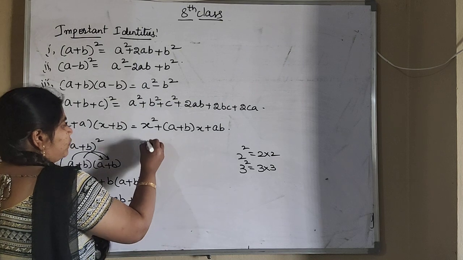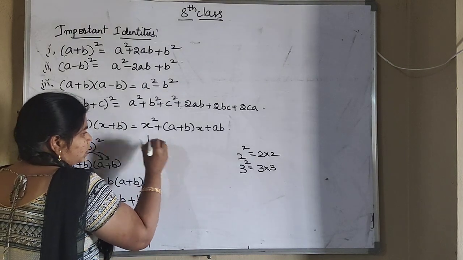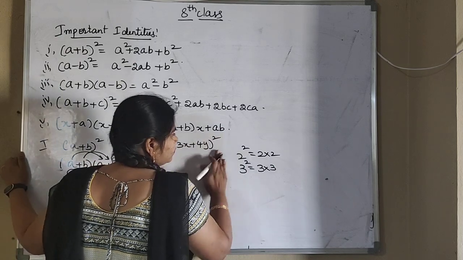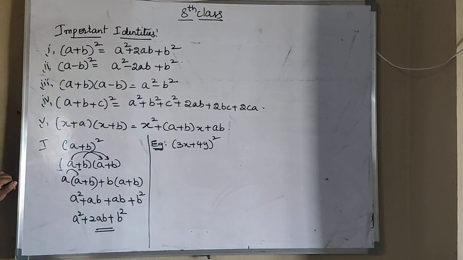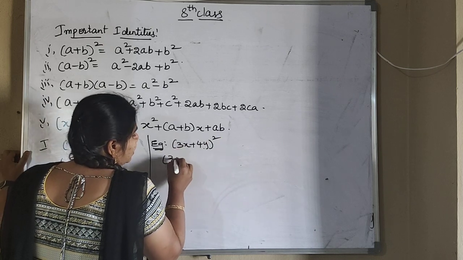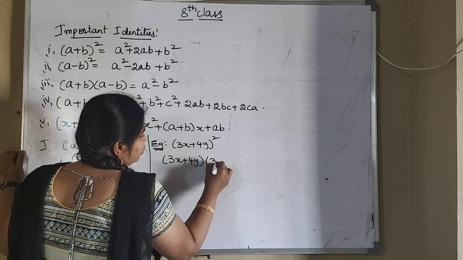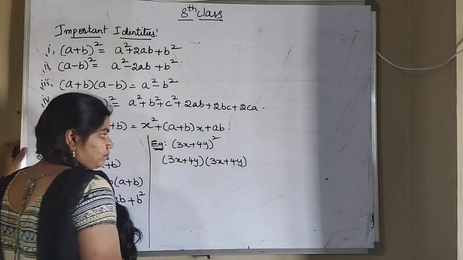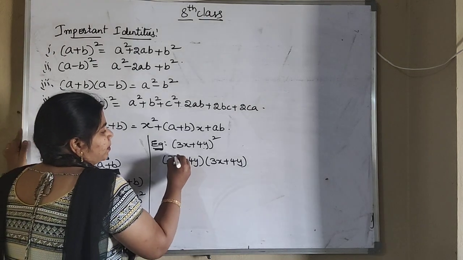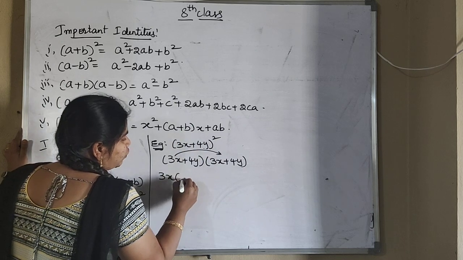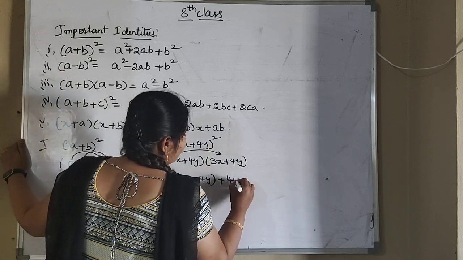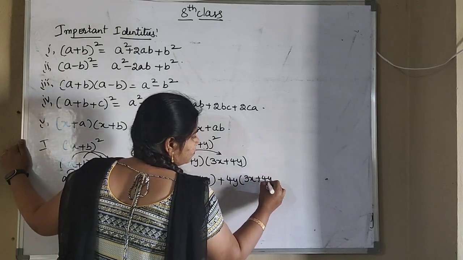Okay, we will see one example for this in terms of algebraic expressions. So I am taking it as (3x plus 4y) whole square. That means we have to multiply this expression 2 times. That is (3x plus 4y) into (3x plus 4y). Next is multiply first term with the whole term, that is 3x into (3x plus 4y), and again plus is there, so plus 4y into (3x plus 4y).